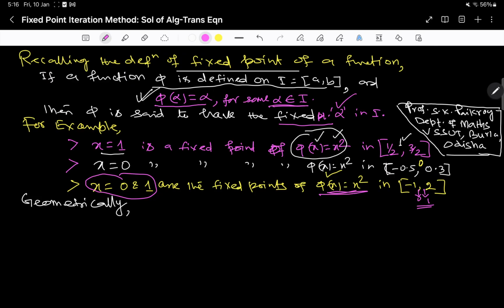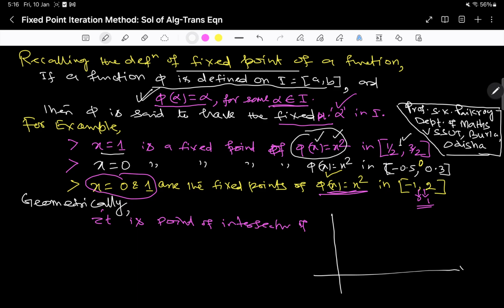Geometrically, it is the point of intersection of, let me draw the graph first. Suppose this is my xy plane here. Now suppose this is a curve here.